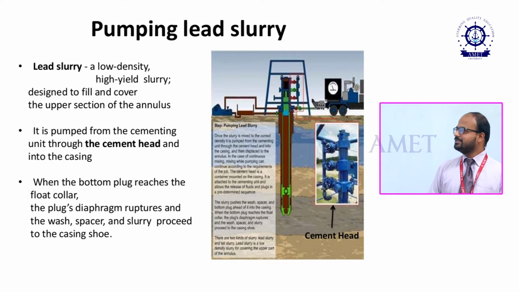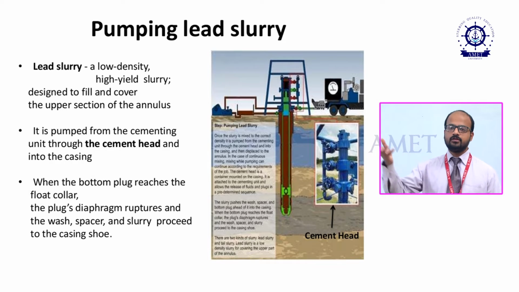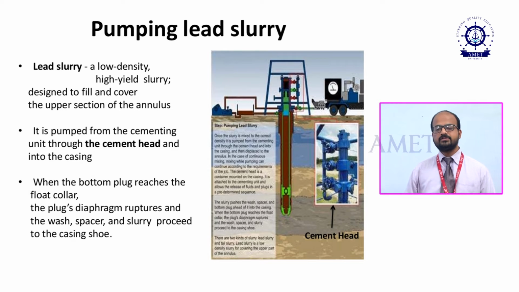So why does lead slurry have low density? Generally, if you want to arrange weights one by one, we have to put the maximum weight at the bottom first, and the lighter weight on top, like ascending order. What happens if you put the lowest weight at the bottom and the highest weight on top?